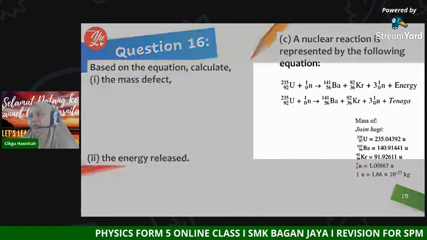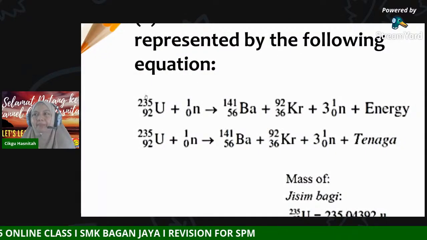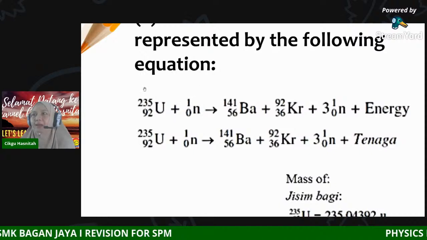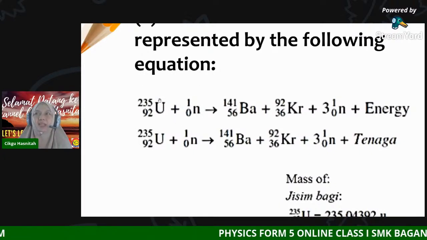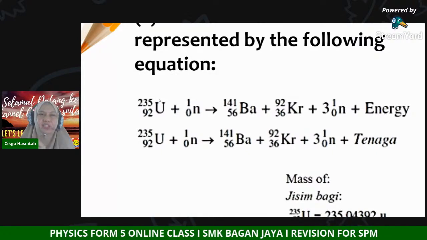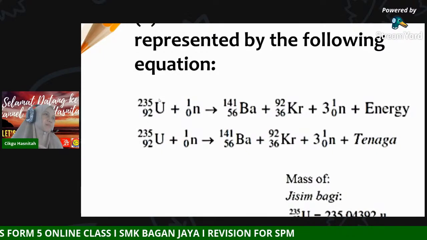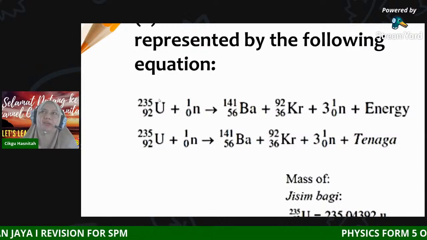It shows a uranium and a neutron. By seeing this equation, what type of nuclear reaction is involved here?